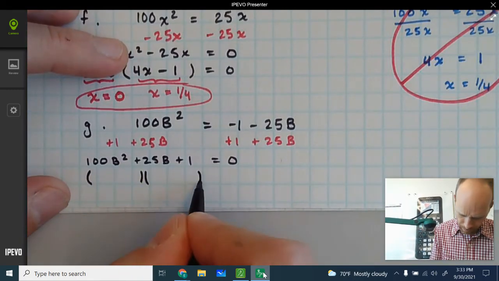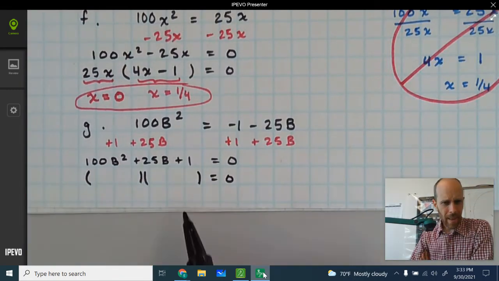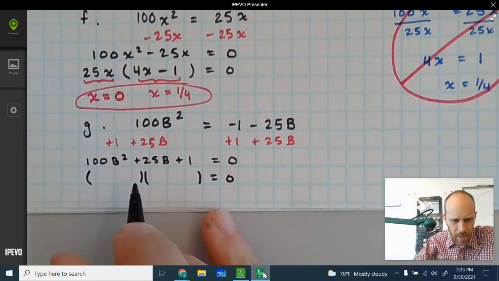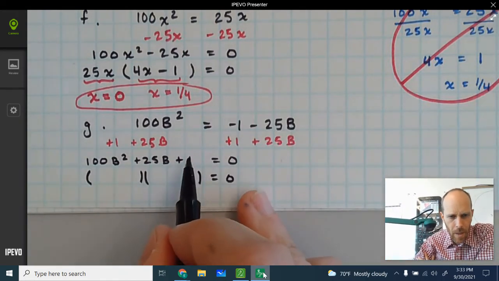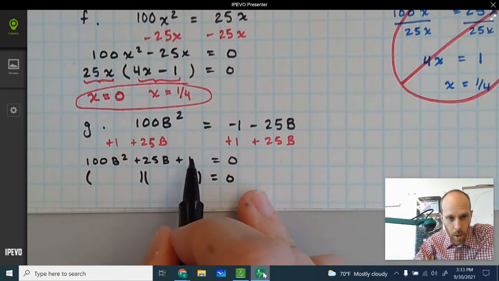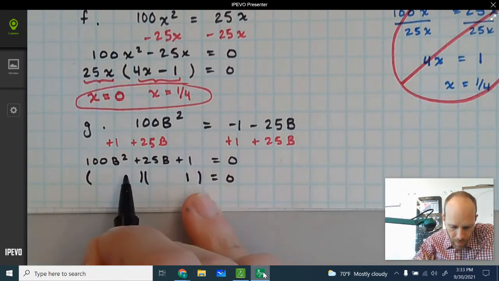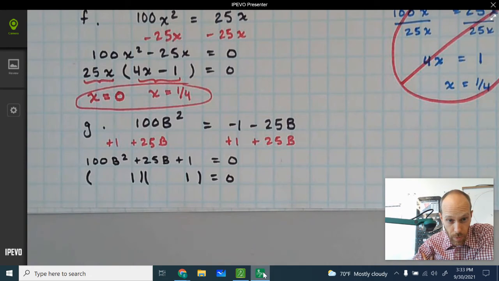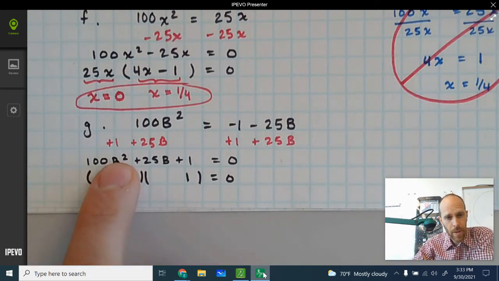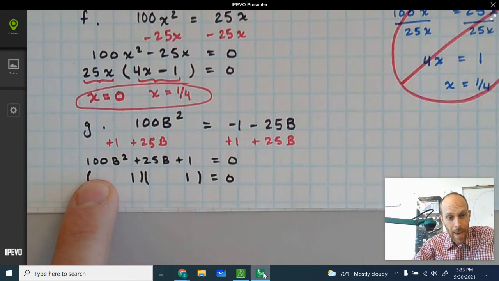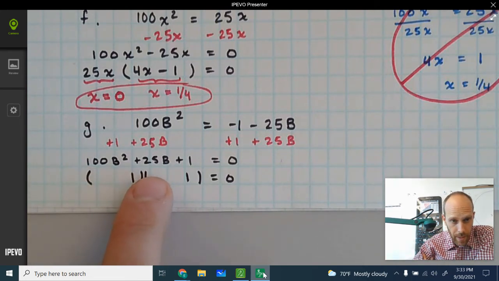And we're looking to factor. And this is kind of a tricky factor because, well, here's what's not tricky. If you look at the last term, the 1, you know that that only multiplies to 1 and 1. So we're cool there. The problem is right here, the 100b squared. We want to pick factors of 100 here and here so that they will add up to 25.